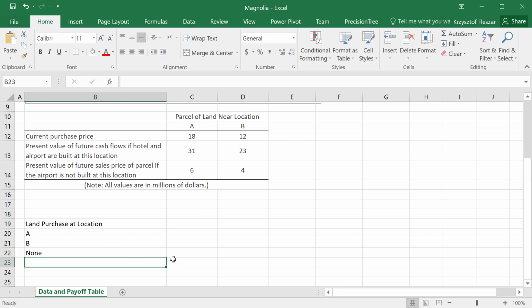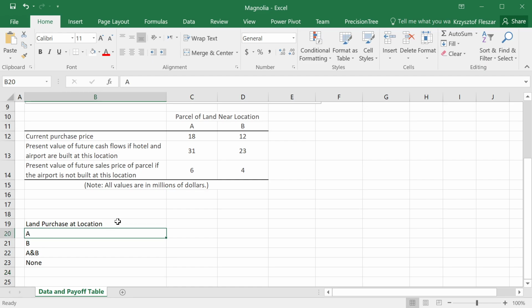Let's just put none. But there is one more option that you might realize: maybe it's very expensive, but at the same time, maybe it's a valid option that we should consider, which is buying on both locations, A and B. So let me list A and B as one option, and none.